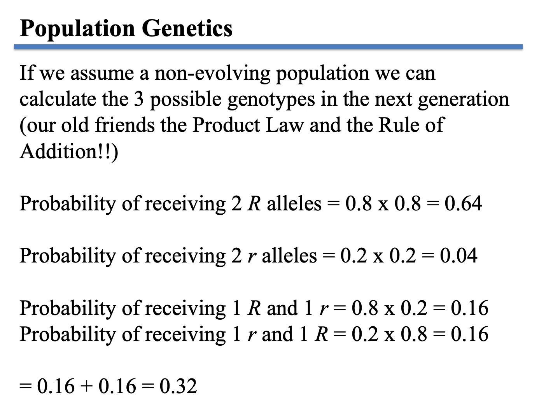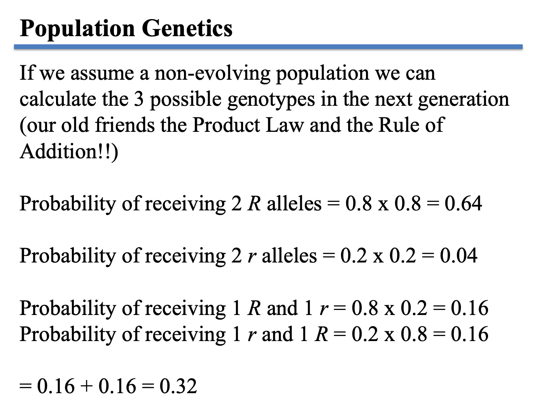So using the allelic frequencies that we just calculated, 0.8 for the dominant allele and 0.2 for the recessive allele, we can again use the product law to predict the probability of individuals being homozygous dominant in the next generation. What is that probability of receiving two dominant alleles? It is the product of the individual probability.